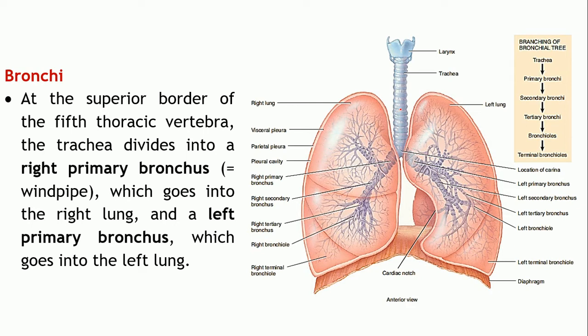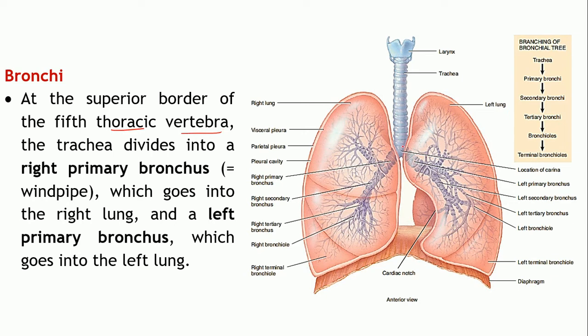So far there is a single structure conveying the air up to the trachea, but from here onwards the branching of the structures takes place.